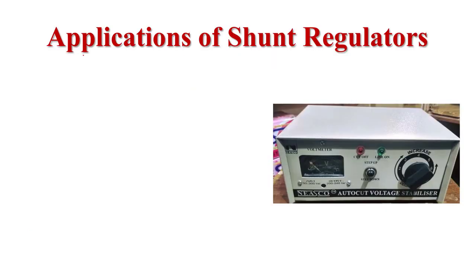Now some applications of Zener voltage regulation. One decade back, when voltage fluctuation occurred, most of the home appliances like TV, fridge got damaged. So to protect the device from damage, here we use a voltage regulator. At that time a large voltage regulator or voltage stabilizer was placed at the top of the fridge or at the top of the TV.